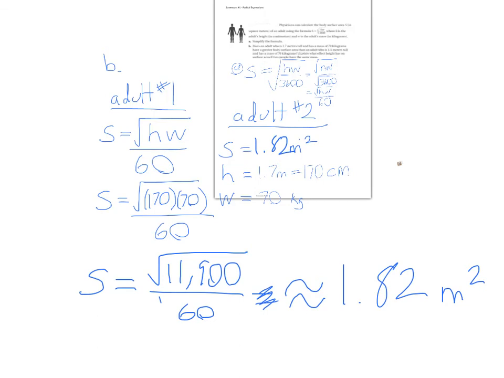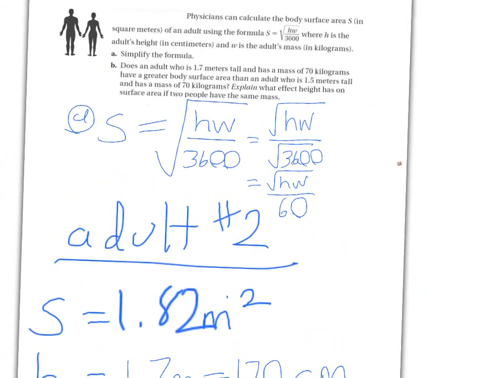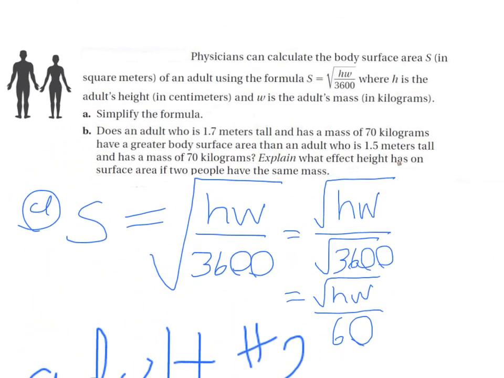Okay, so I'm done doing my part. Now it is up to you to do your part. You are going to use this 1.82, of course, to help explain if there is a difference. Now going back to the question, we just calculated the first part that says, does an adult who is 1.7 meters tall and has a mass of 70 kilograms, all right, so we just calculated that person, have a greater body surface area than an adult who is 1.5 meters tall and has a mass of 70 kilograms.